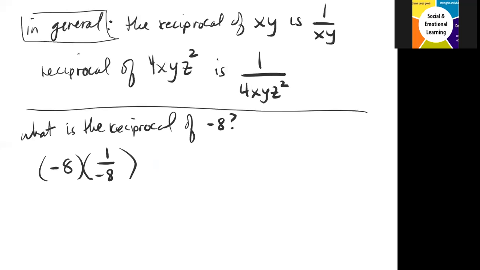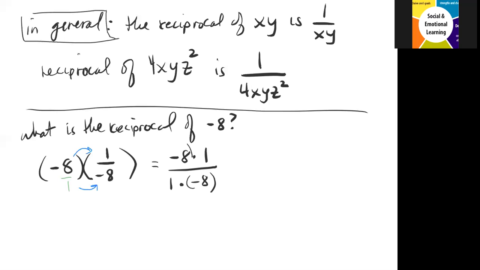1 over -8. If we multiply this, remember it's like we have -8 over 1 there when we have a whole number multiplying a fraction. And we can say we're going to multiply our numerators and our denominators. And we are going to get -8 times 1 on the top and 1 times -8 on the bottom.